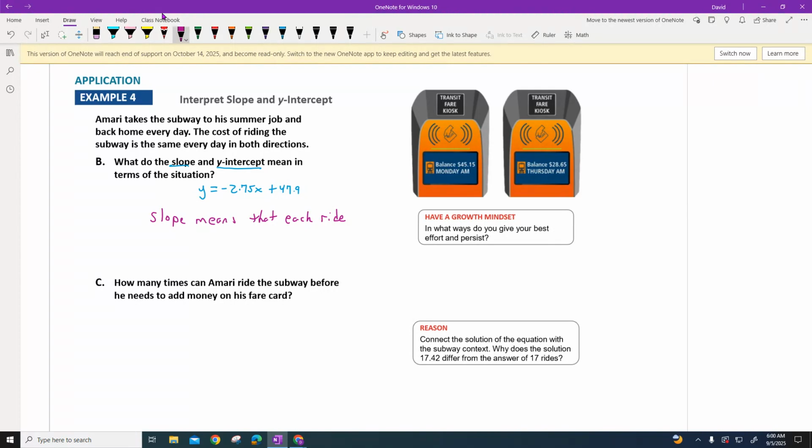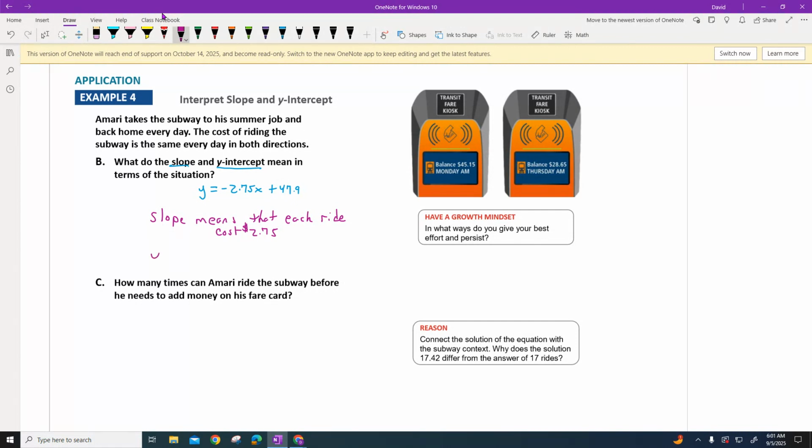Well, you're not going to say the negative. The negative means you're paying it, okay? Each ride costs $2.75, okay? We're not going to put the negative sign here. This is where you have to be a smart enough guy, and gal, to say, hey, you know what, it's a negative 2.75. He's riding the train, so it's taking 2.75 off every time. So that means the cost is $2.75.